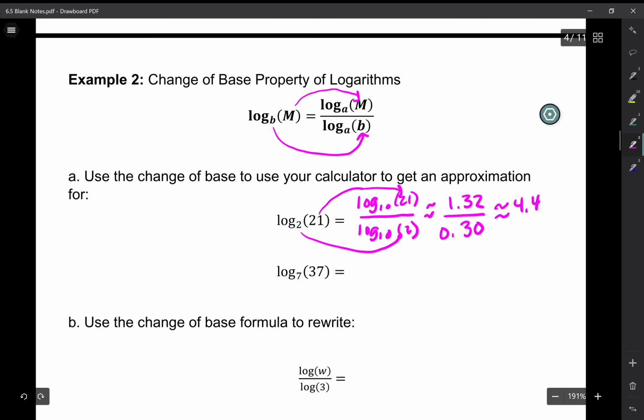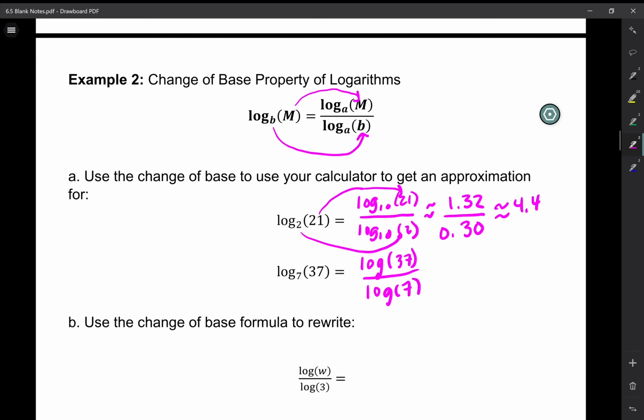All right, pause the video and try to use your calculator to approximate log base 7 of 37 by switching it to log base 10. Did you get log of 37 over log of 7?